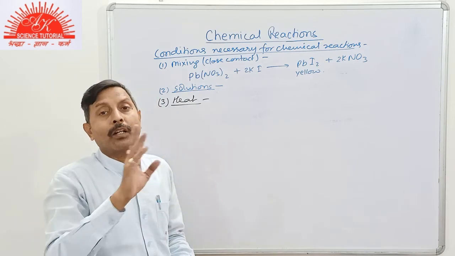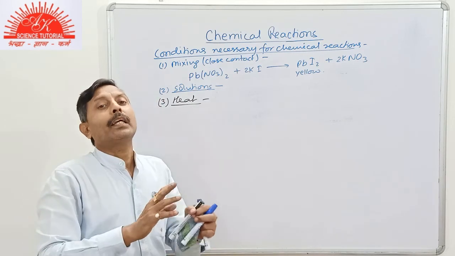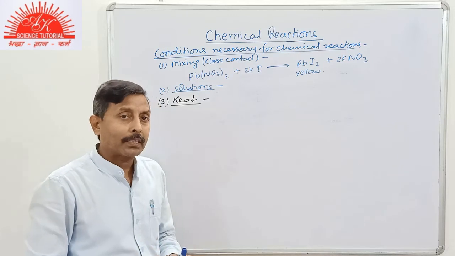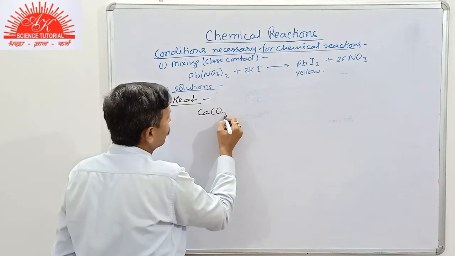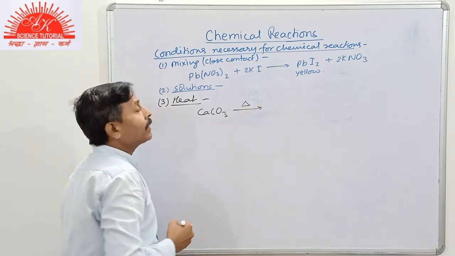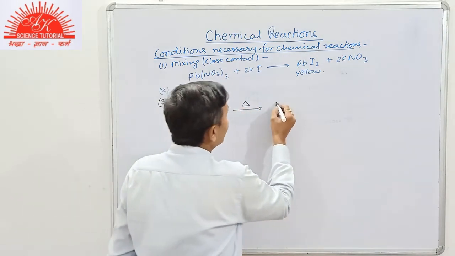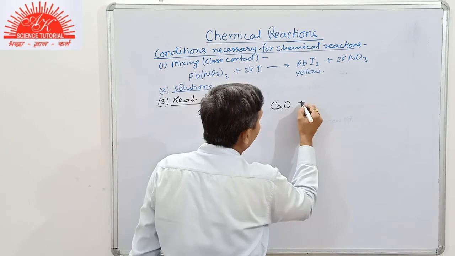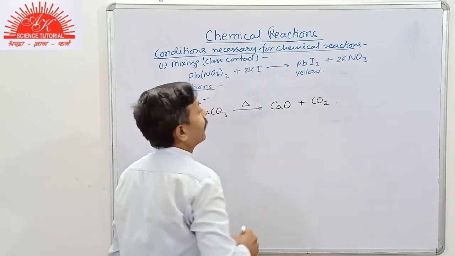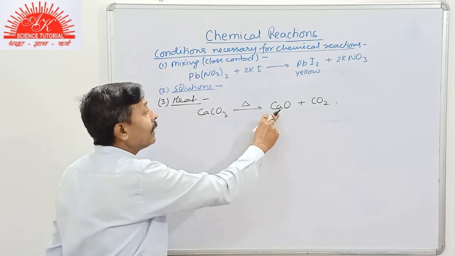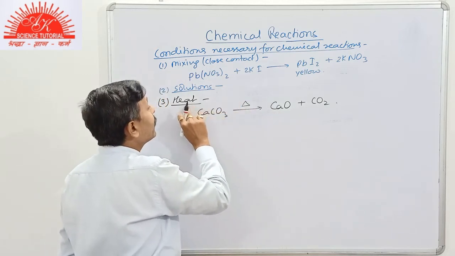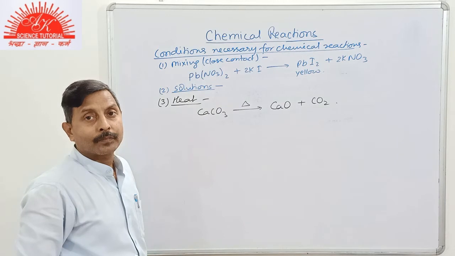Without heating, the reaction will not take place, meaning in a natural way it will not take place. Suppose here there is calcium carbonate. When it is heated, it gives us calcium oxide plus CO2 gas. So this change is taking place only with the help of heat energy.